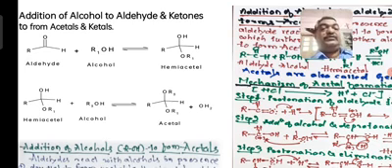Generally it is called an acetal. My request is, whatever reaction I have shown in the previous slide, if you are able to understand the mechanism in that way, it is very good. Otherwise you can adopt whatever I am now presenting in front of you.